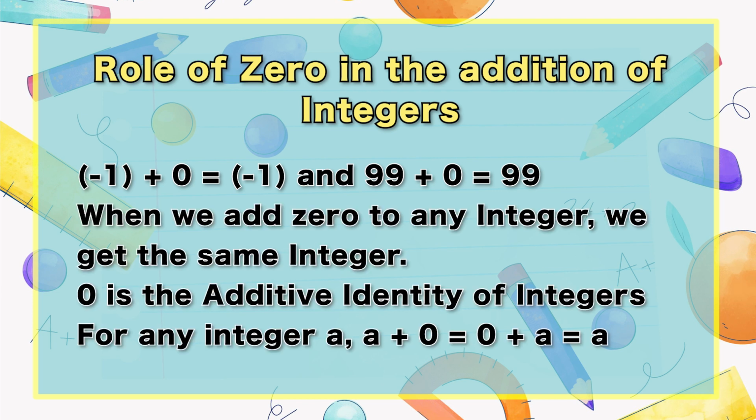You can think of many more integers and add 0 to them and observe. That is, when we add 0 to any integer, we get the same integer. That is why 0 is called the additive identity of integers. In general, for any integer a, a + 0 = 0 + a = a.